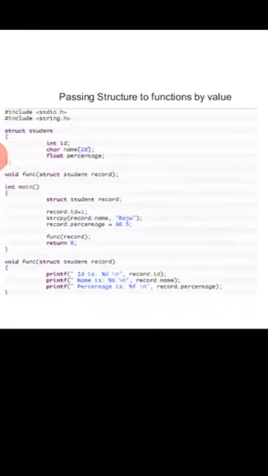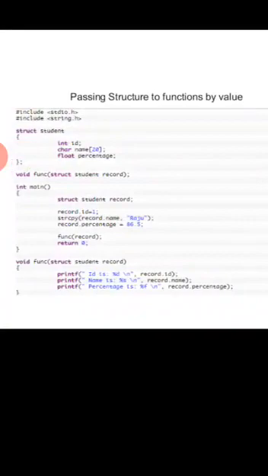In this, we are going to pass a structure to the function by value. In this program, the structure is passed to another function by value. It means the whole structure is passed to another function with all the members and their values, so the structure can easily be accessed from the functions.